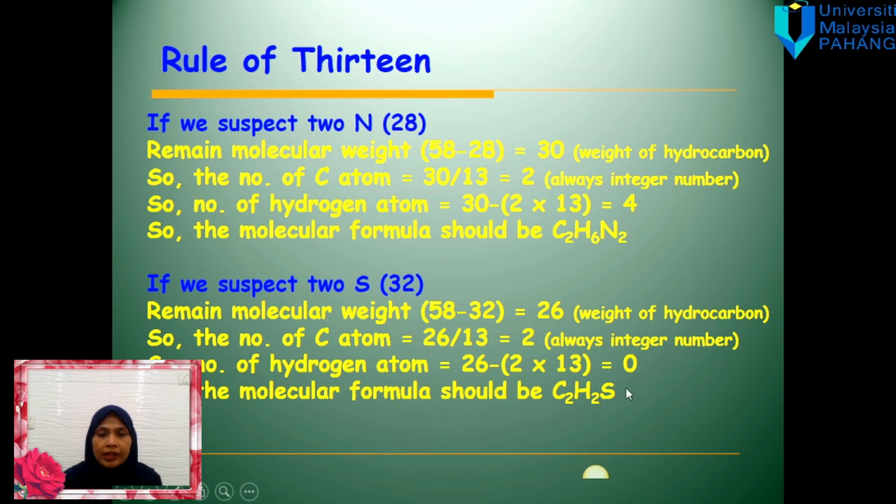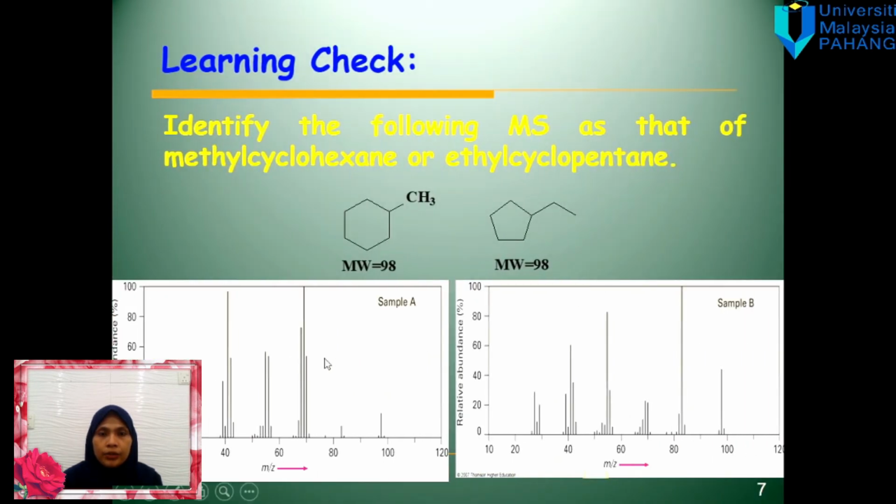Sorry, a correction: we expect only one S, and S is 32. So that finishes the Rule of 13, which means all the notes for mass spectrometry have been covered.